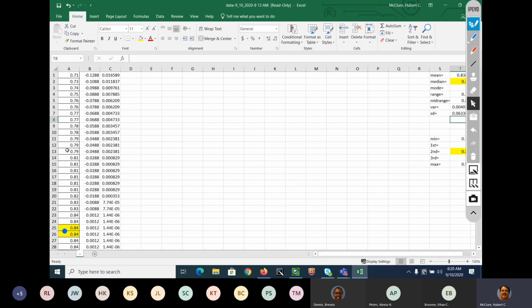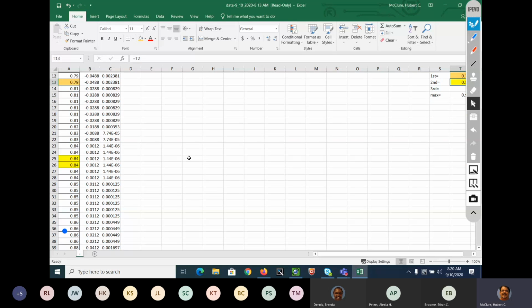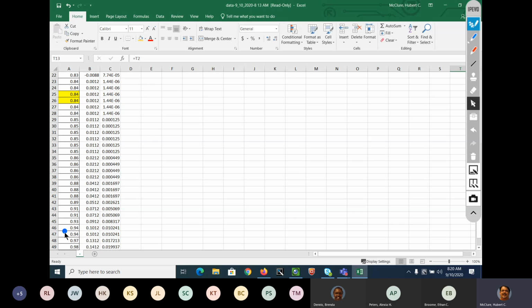So 13 is 0.79. We'll give that a color. Let's color it orange. So orange equals that number. And if you pick number 13 up top side, you got to pick number 13 on the bottom side. And I can't move my blue marker, so you just have to.